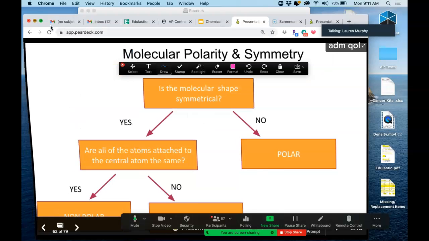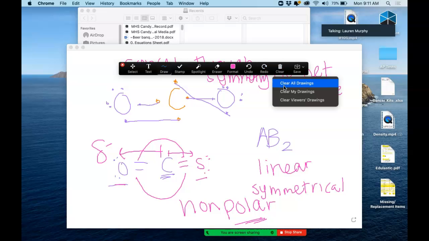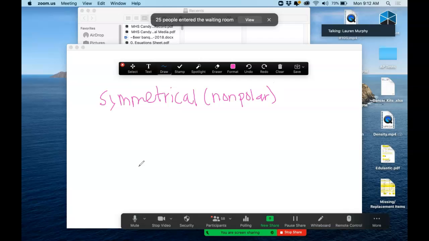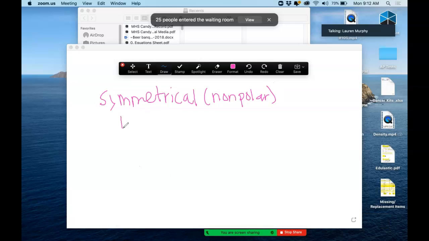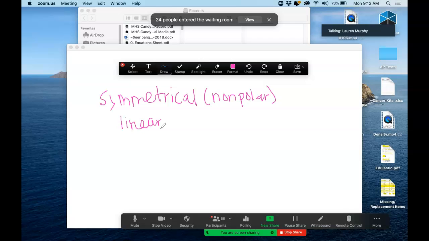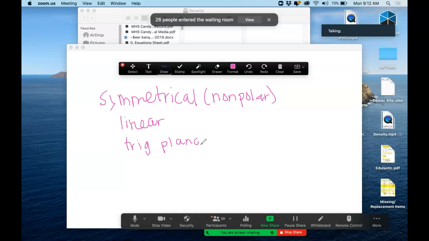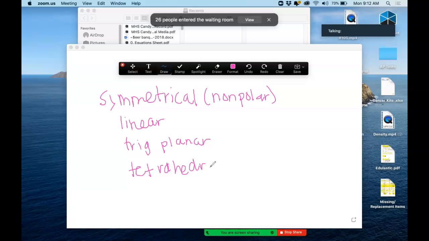We have all of the different shapes, assuming that everything is attached to it. So symmetrical shapes, and we'll talk more about this tomorrow. Symmetrical shapes mean nonpolar most of the time. Okay, here they are. Linear, trigonal planar, tetrahedral, octahedral.